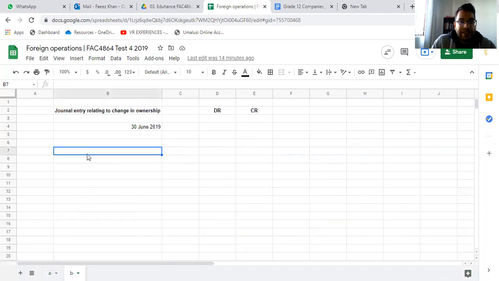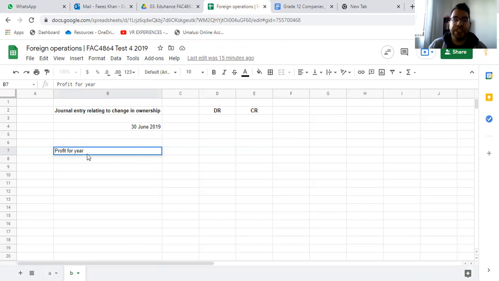So one set of journal entry is going to be profit for the year. The funny part of this is that there is no account called profit for the year. So that is the challenging part. You don't have an account called profit for the year because profit for the year is made up of income and expenses, so sales, cost of sales, and so forth. In reality, you'd have to go process everything against sales and expenses, but we don't have that.